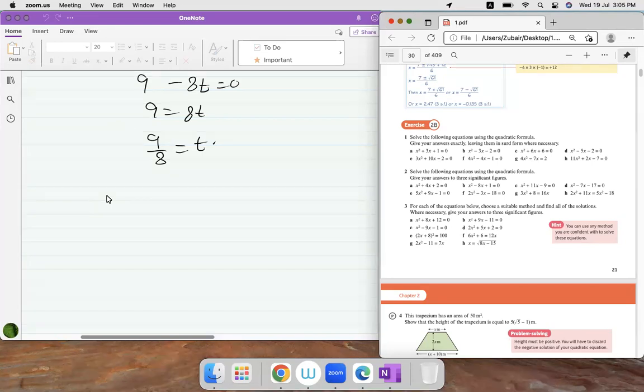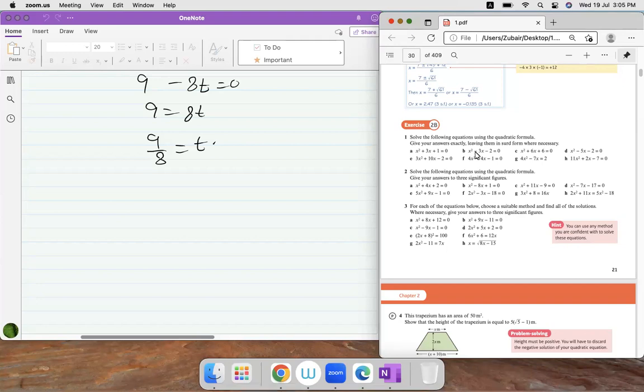Okay, from page 30, we had question 1D and H. Any problem in question 1D and 1H? I had none. Okay.